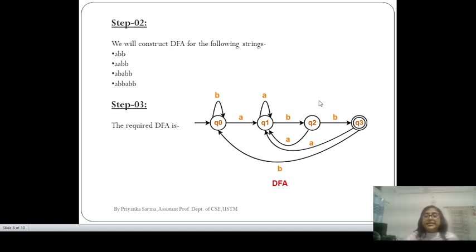That means we can say that this machine can accept the last string ABBABB. So this machine is true for all these strings. Similarly we can check any string ending with ABB, and then we can check the validity of the machine also. Now this is the final diagram, the required DFA for the given question.